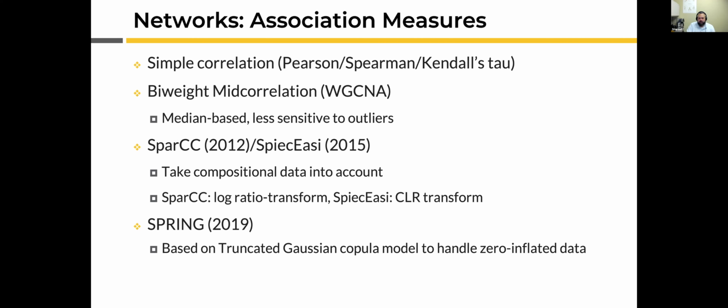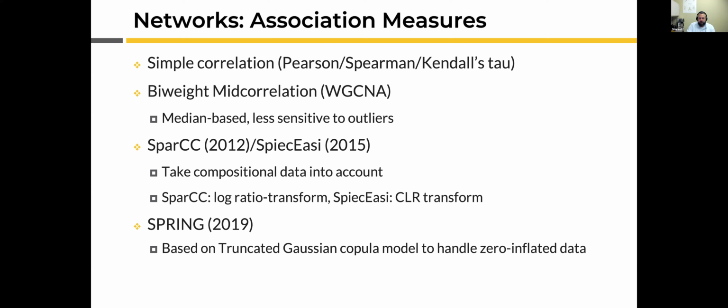There are issues with just using simple correlation, especially for microbiome data. But some of the metrics that have been used to deal with that are the biweight midcorrelation, which is used by the WGCNA package, which I always forget what it stands for, weighted gene correlation network analysis.